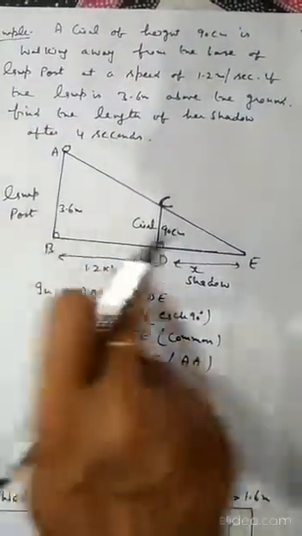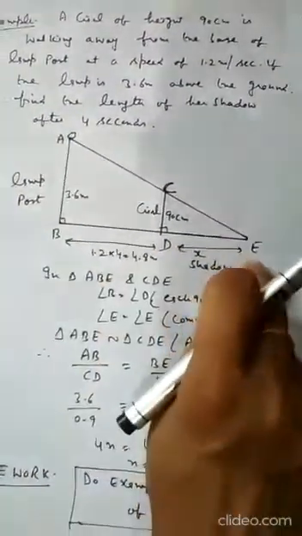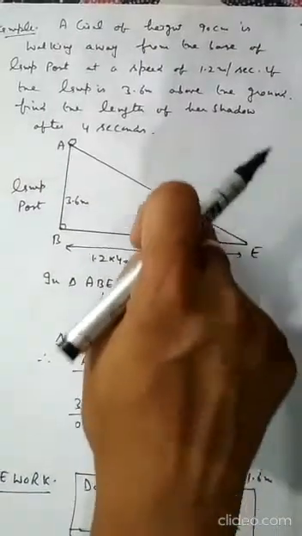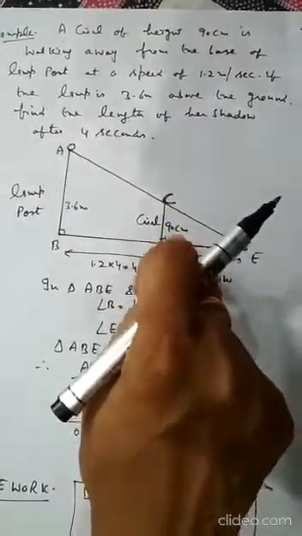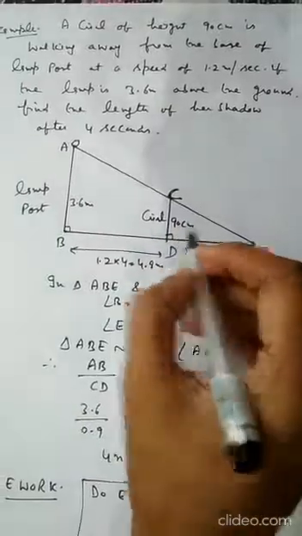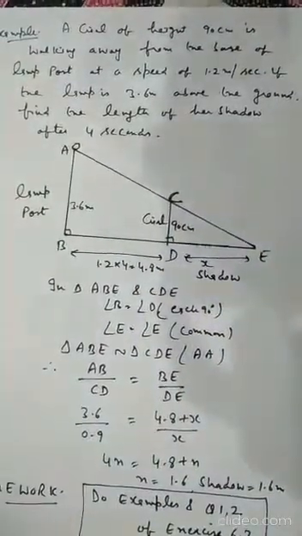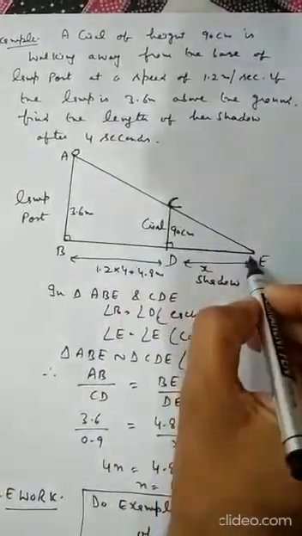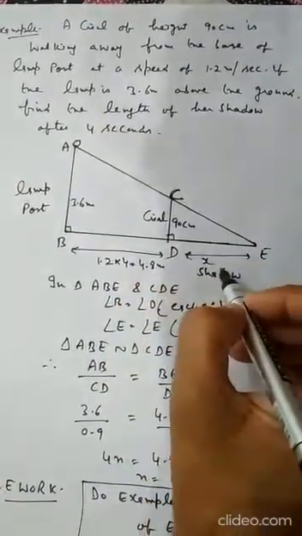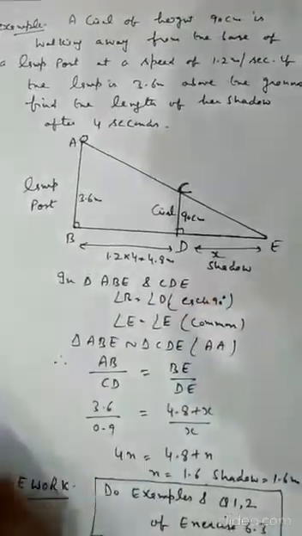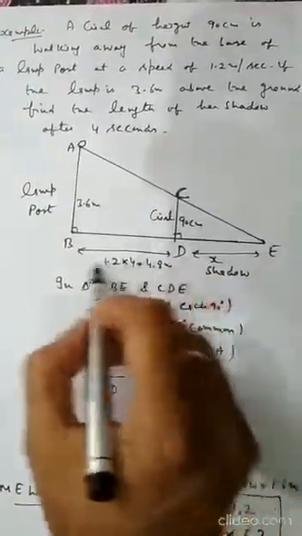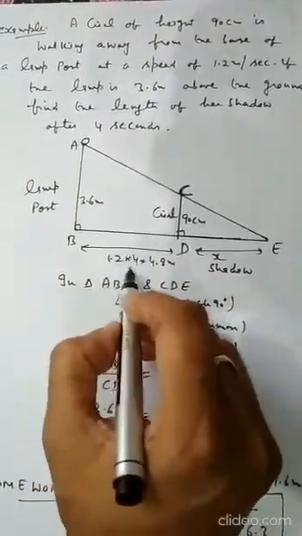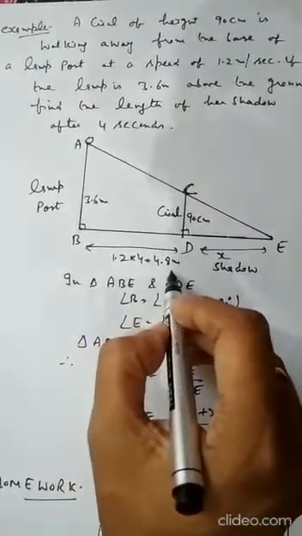The girl is moving away, it means she is moving towards E. The height of the girl is CD. This is 90 centimeter, or we will take it as 0.9 meter. And when the girl is at CD, definitely her shadow is DE, and the length of the shadow we need to find. And the distance covered in 4 seconds is 1.2 into 4, 4.8.